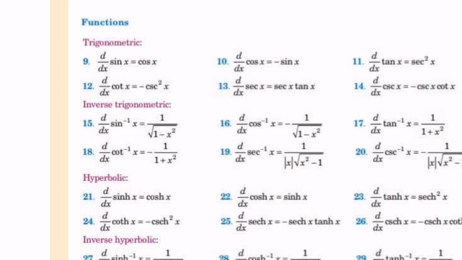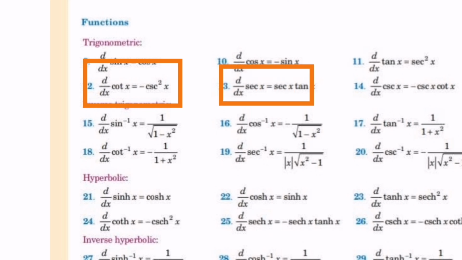Derivative of cotangent is equal to minus cosecant square x. Derivative of secant is equal to secant x tangent x. Derivative of cosecant is equal to minus cosecant x cotangent x.